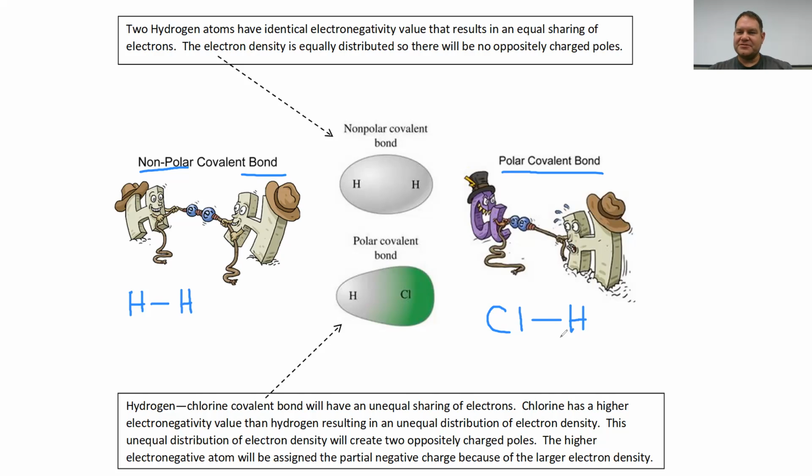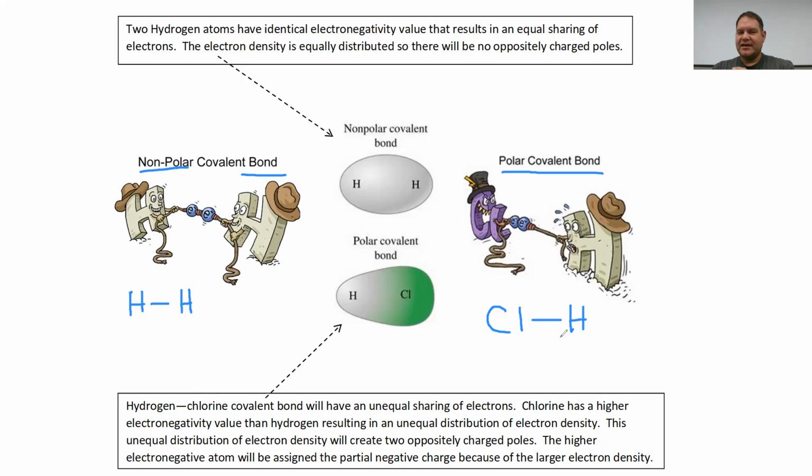If the electrons are being shared equally, the negative electron distribution is going to be equal. What we mean by that is that the two atoms are going to have an equal balance of negative charges.